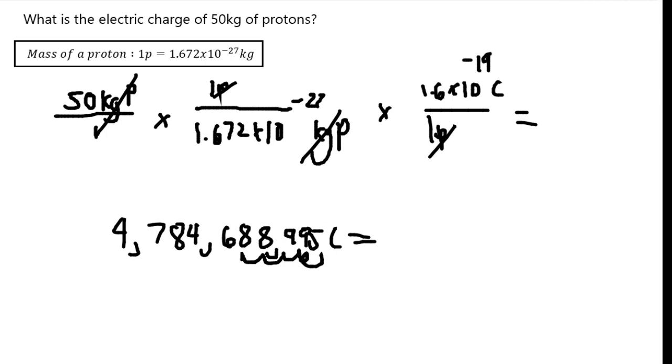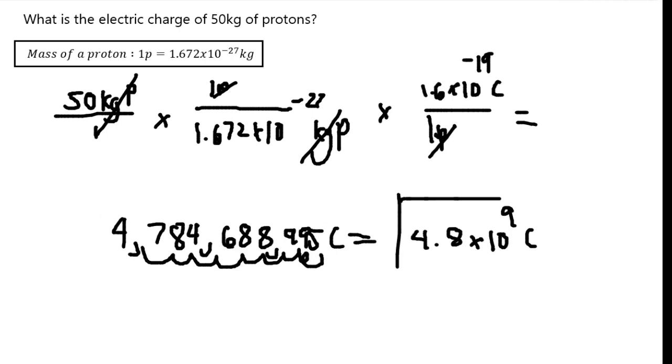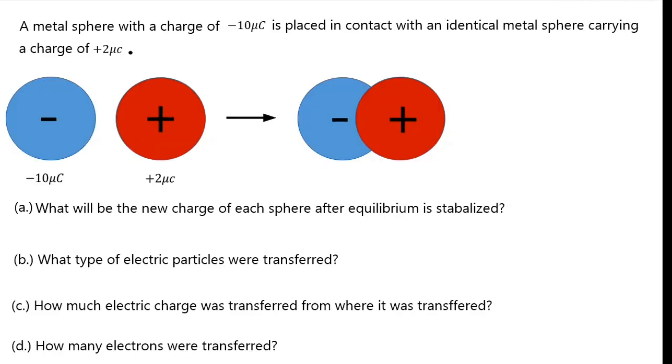Is this million or billion? I think this is billion. So I'm going to transform it into scientific notation because this number is too big. This particle has 4.8 times 10 raised to the 9th power coulombs. So that is positive, right?